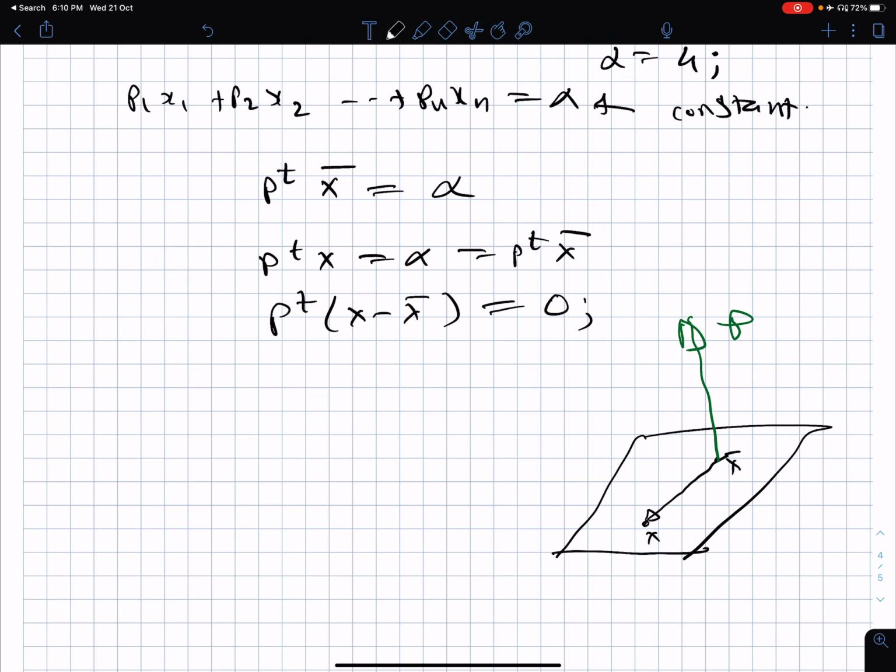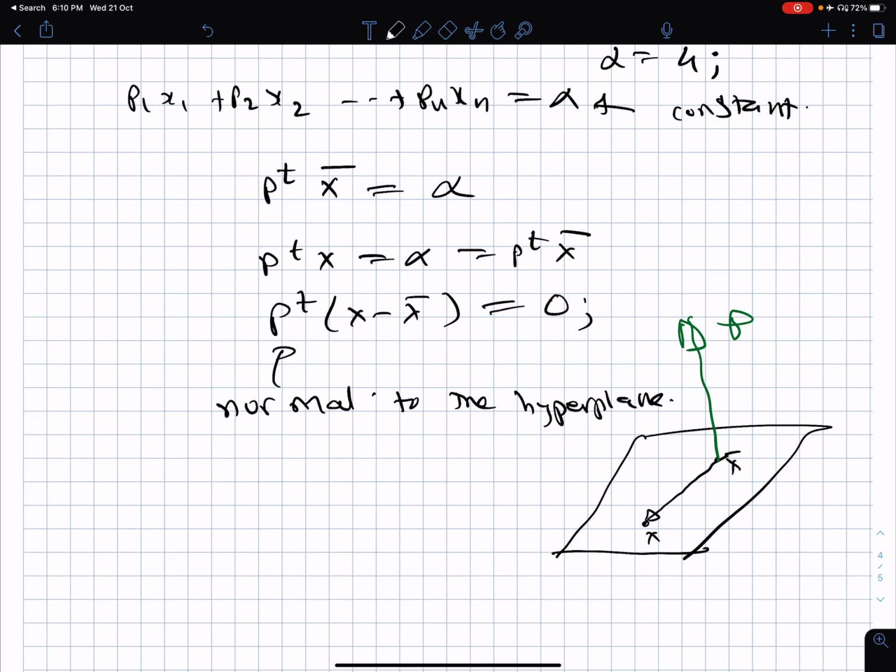So this dot product is 0, right? This dot product is 0 implies that the two vectors are perpendicular to each other, and therefore this P is also called a normal to the hyperplane.